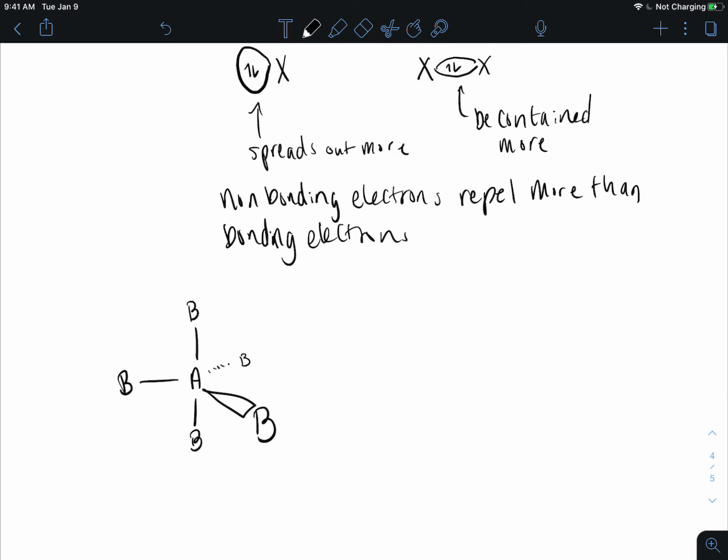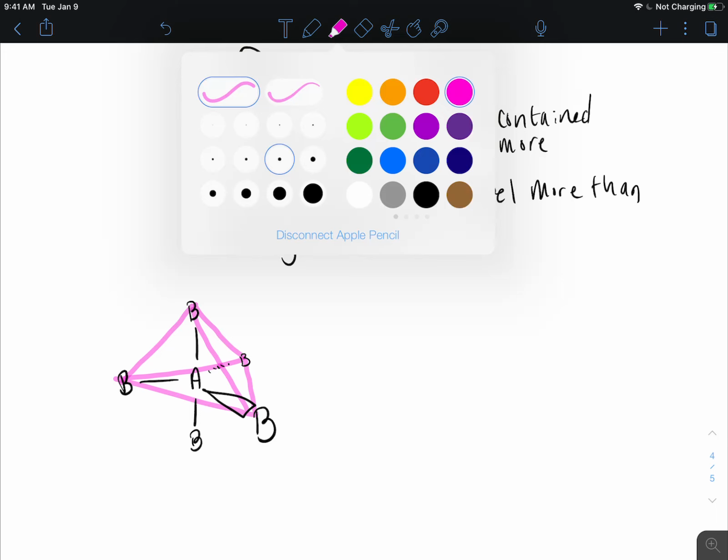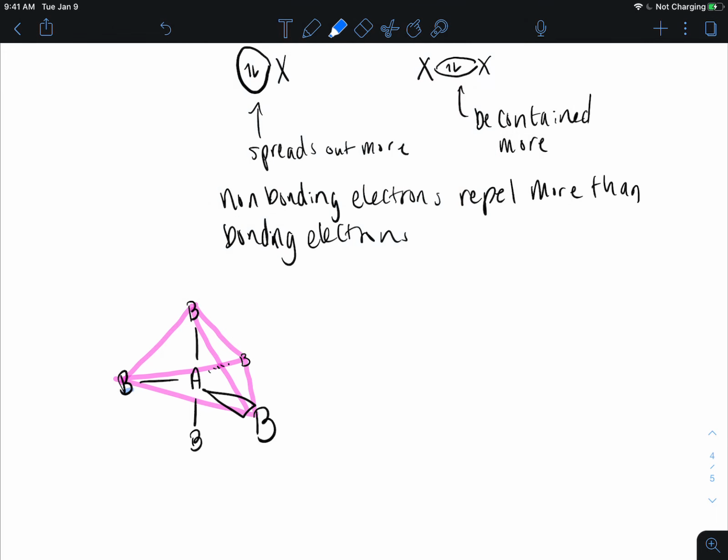Okay, so here we have a triangle right there, or a triangle-based pyramid right there, and a triangle-based pyramid right here.